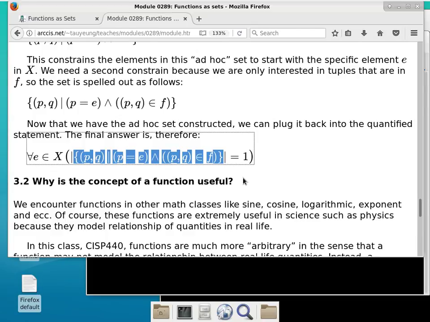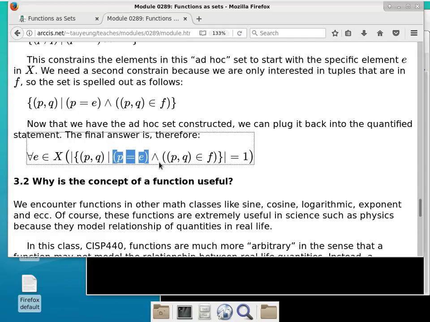In this case, every element in this particular, what I would call an ad hoc set, because it doesn't have a particular name, has to be a two tuple, and if it is a two tuple, it naturally has the first component, which we'll call P, and the second component, which we'll call Q. But then we have requirements on these two components. The first requirement, the left-hand side of the conjunction, is, let's start with E. What E are we talking about?